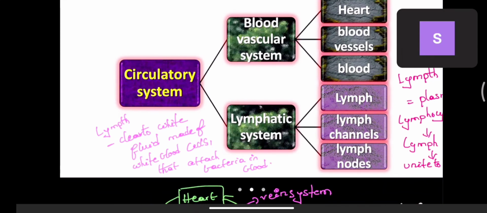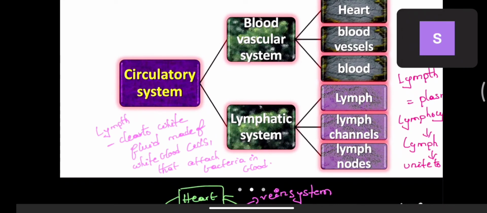Some of them are left behind in the organs. All the components of the blood cannot be collected by the veins in the case of frogs. The remaining part of the blood we call lymph. This lymph is collected by a separate mechanism called the lymphatic system.